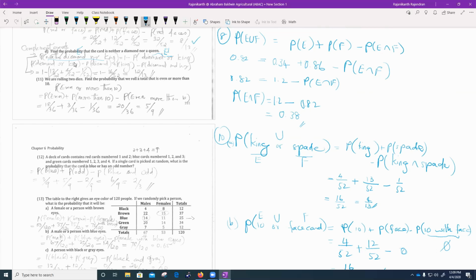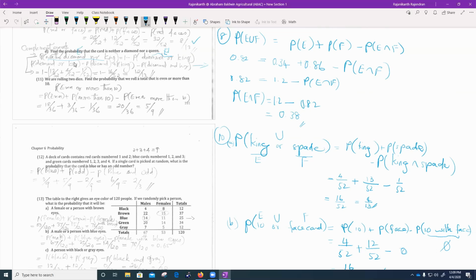You have to use the union formula to find this piece, and I'm finding that one separately first. So for diamond or king, the probability of diamond plus the probability of king, then subtracting diamond and king. I'm using the union formula here. The probability of diamond is 13 over 52.